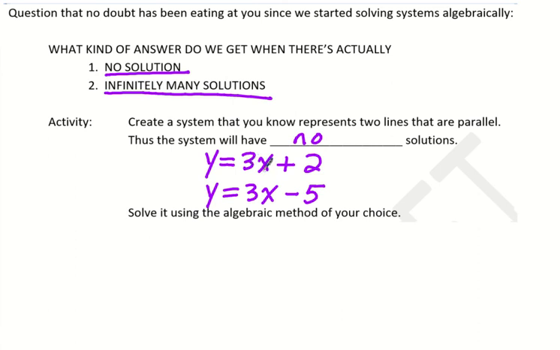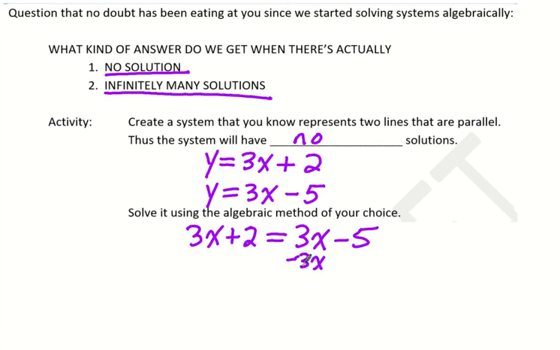It's the easiest case of substitution. So 3x plus 2 equals 3x minus 5. Substitution method engaged. That was the substitution part. Now we can solve for x.